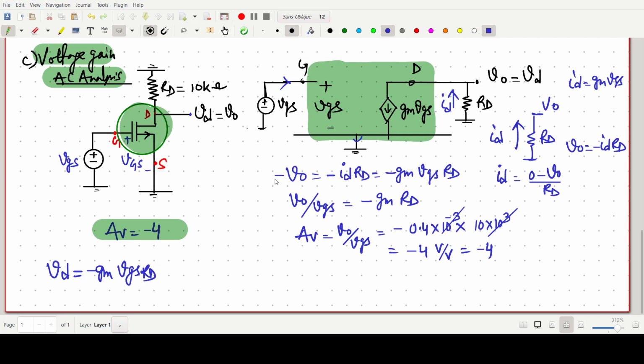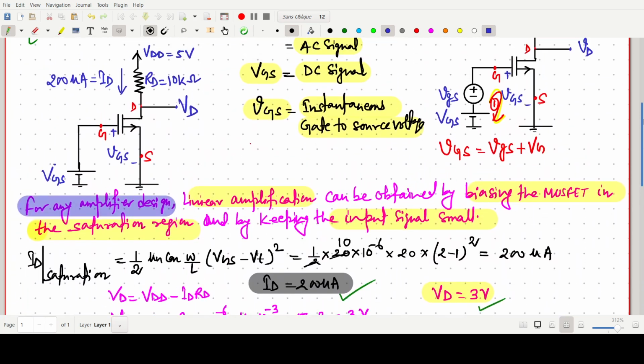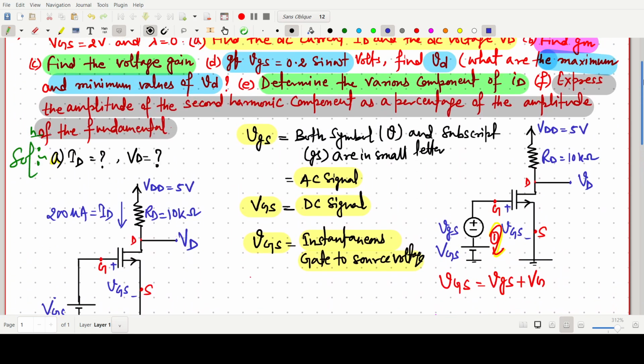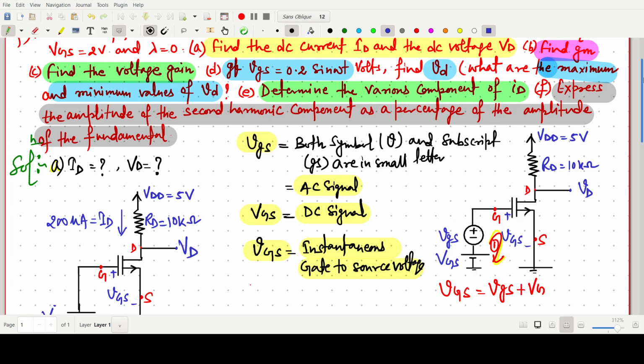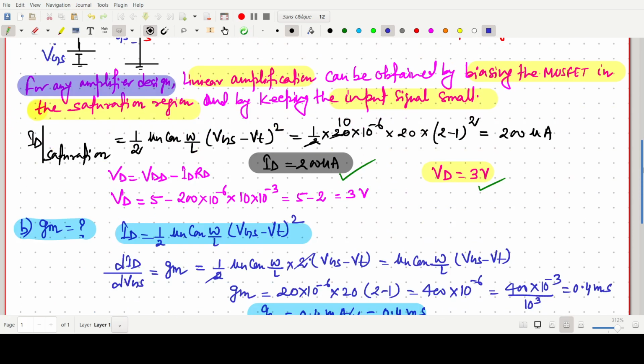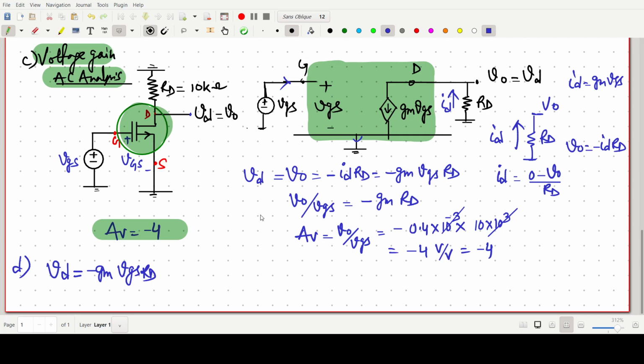Okay, this expression is also for the VD, and we are doing this as the D portion. Once again I want to show, in D we have to find the VD with VGS given. VGS is given, okay, and here the VGS is given as 0.2 sine omega t.